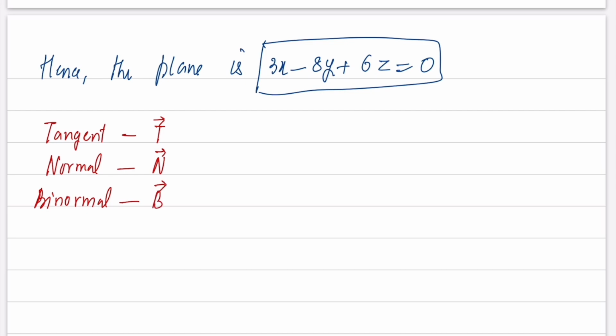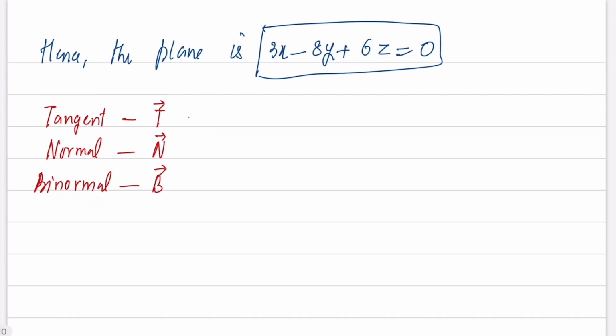So we have these three vectors T, N, and B. Now the unit vectors corresponding to these three, we can call them small t, the unit vector in the direction of the tangent, and n and b. They are the unit vectors in the direction of tangent, normal, as well as binormal. We can treat these three like the three coordinate axes x, y, z.